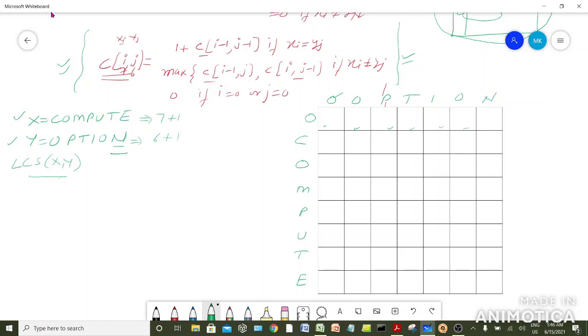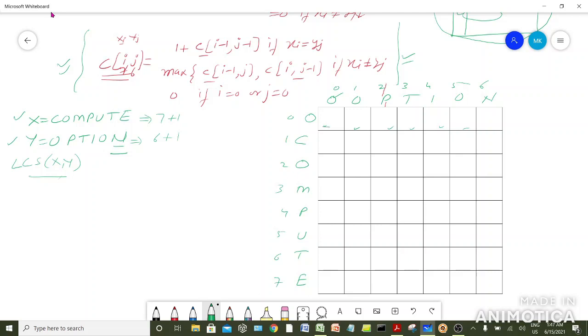Now this denotes C of 0 0. This is value 0. Then this is first, this is 2, this is third, fourth, fifth, and sixth. And in the same way, this is 0, first, second, third, fourth, fifth, sixth, and 7th row number.